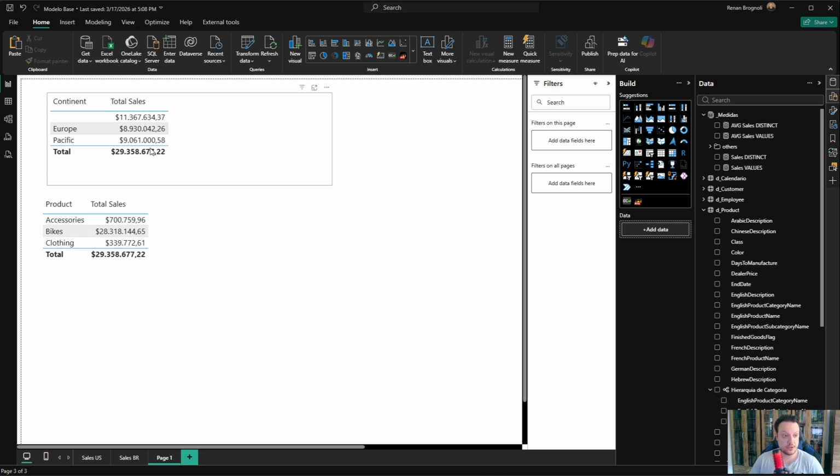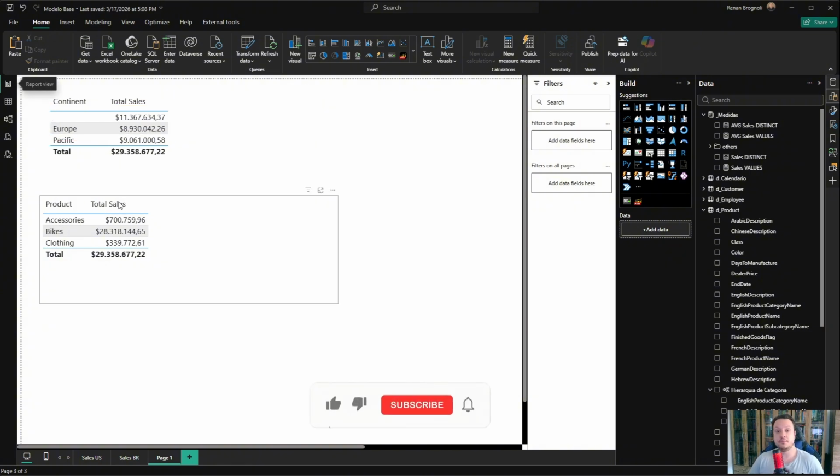So all the sales from Canada and United States are being grouped together in this blank row, exactly as I explained a little earlier. The other countries are being grouped in their specific continents, Europe and Pacific. And here, since we don't have the same problem with products, the categories are working just fine.